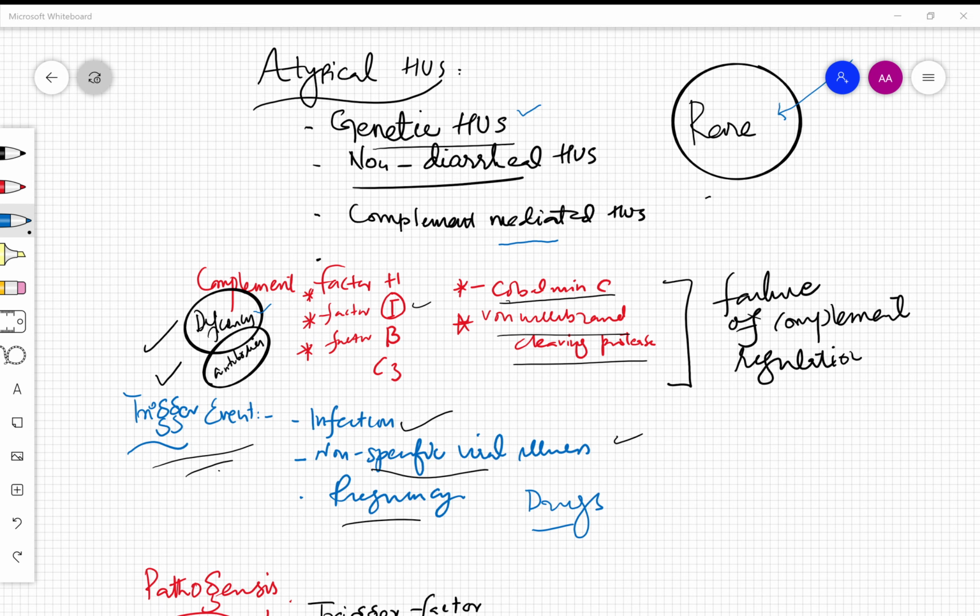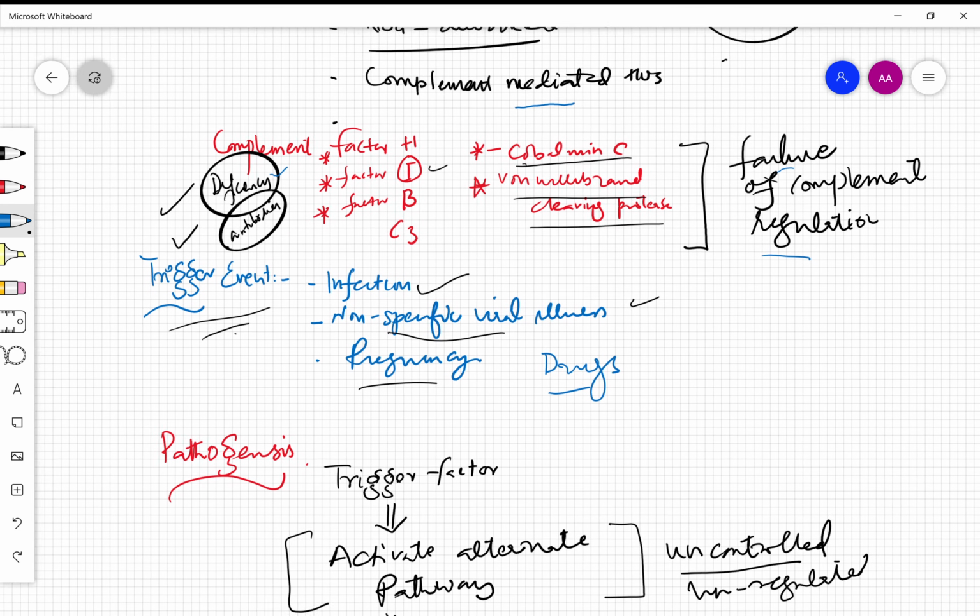These are some of the factor H, I, B, C3 deficiency, and similarly cobalamin or von Willebrand factor cleaving protease deficiency. So what happens actually, due to deficiency, there is a failure of complement regulation, and there is an uncontrolled activation of the alternate pathway, which leads to membrane attack complex formation and endothelial damage.